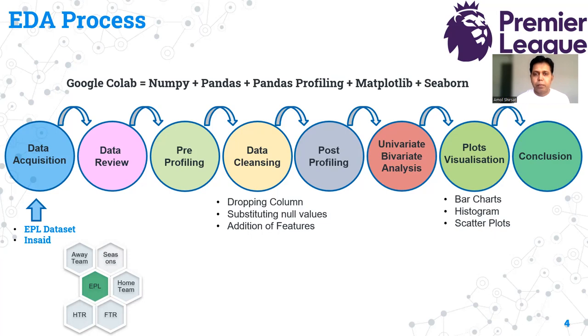Once the data pre-processing is done, we again do post-profiling to check that all the data is now in the right form before we start the visualization activities. After post-profiling, we use various types of analysis: univariate, bivariate, and multivariate analysis.